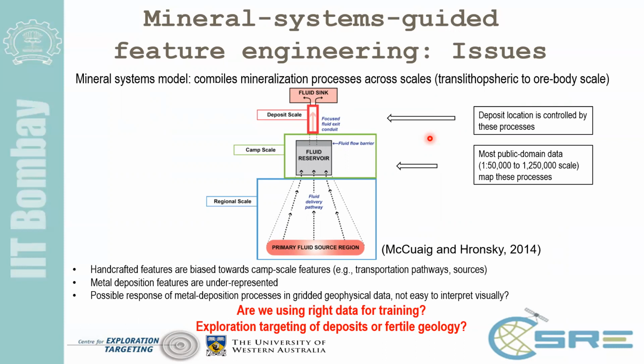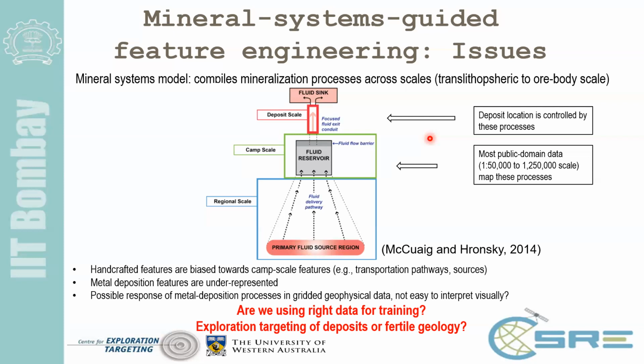These data sets are actually not capturing those processes, the precipitation mechanisms, because those are too detailed to be captured at low resolution. So what actually is happening in this whole pipeline for prospectivity modeling is that I'm using deposits to train, but my data are not capturing the processes that form deposits.